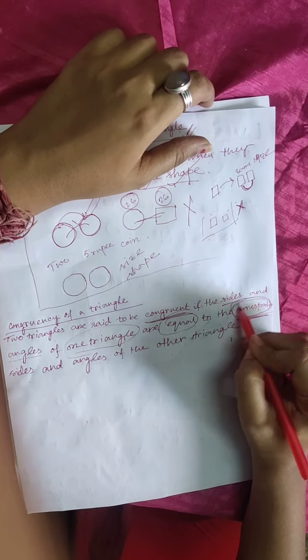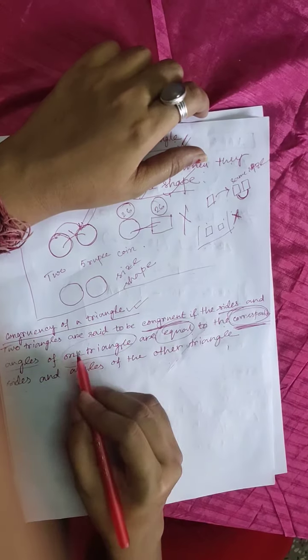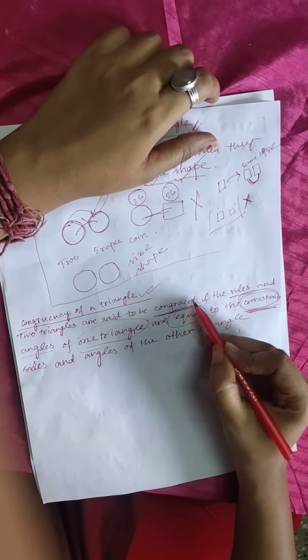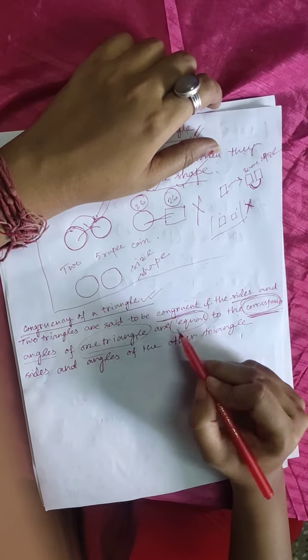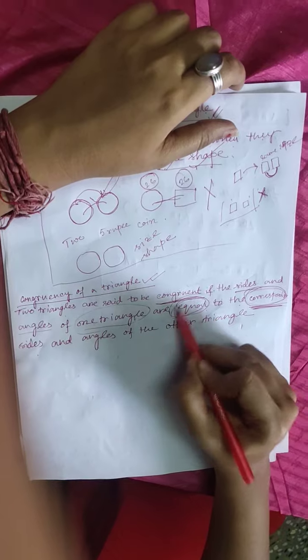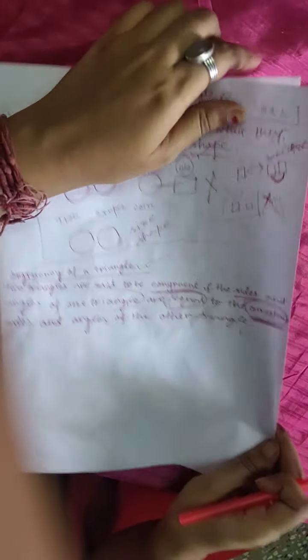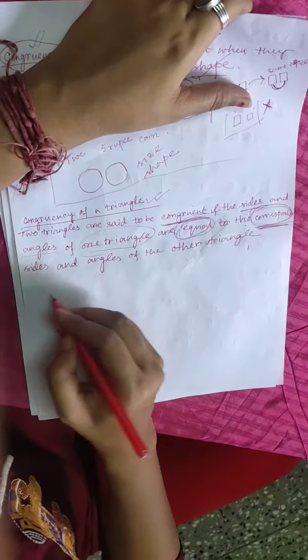This term is very important for congruency of a triangle. That is, there will be two triangles, and these two triangles will be said to be congruent to each other if the sides and the angles of one triangle are equal to the corresponding sides and angles of the other triangle.